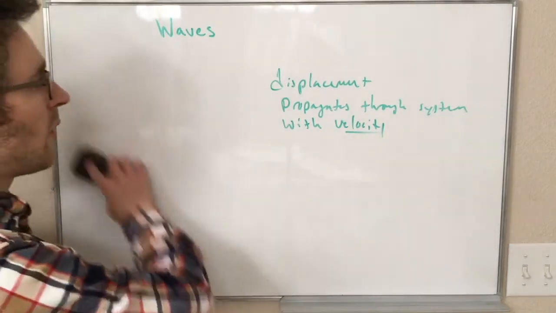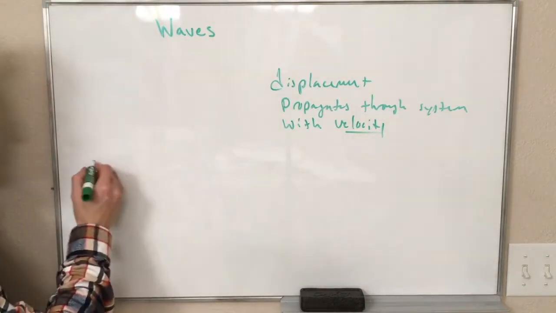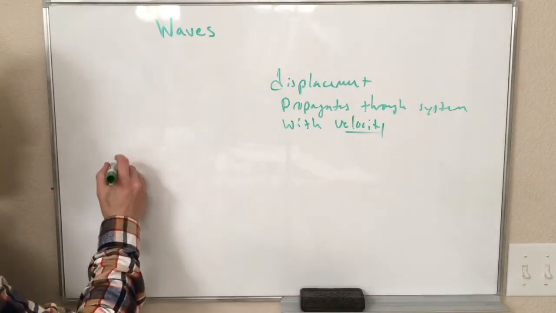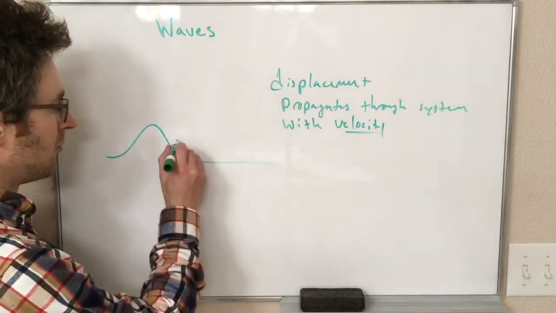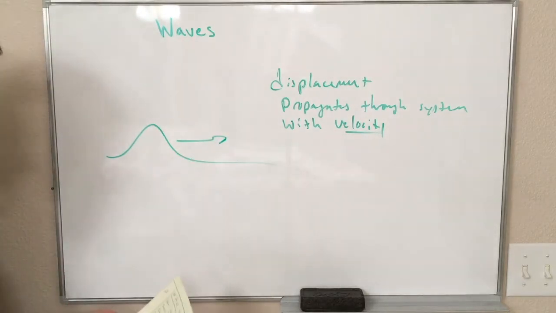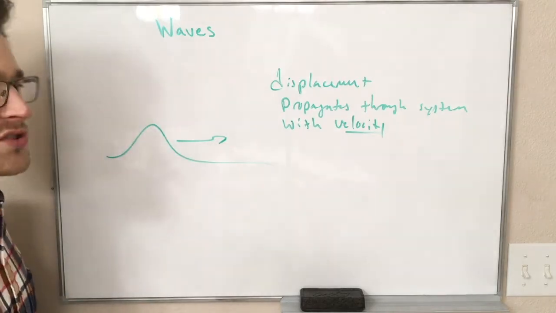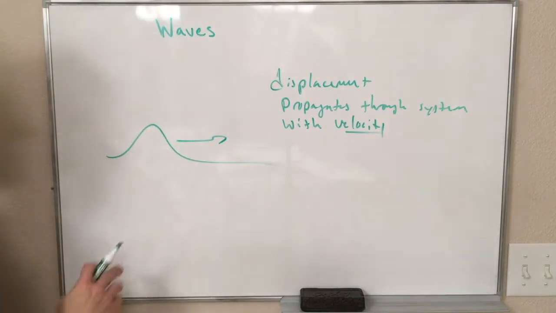Okay, so waves can have lots of different shapes. Like I said, this person who just waved the rope up and down made this little bend shape that's going to travel down the rope in that direction. This is called a wave pulse. We're not going to focus on those so much.